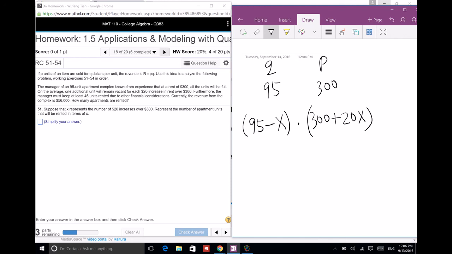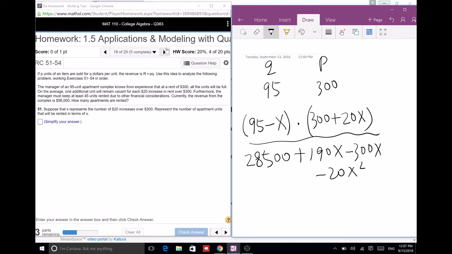This is the first one, number 51. Let me simplify that: 95 times 300 plus 1900x minus 300x minus 20x squared, which equals negative 20x squared plus 1600x plus 28500. I think that's going to be your first answer.